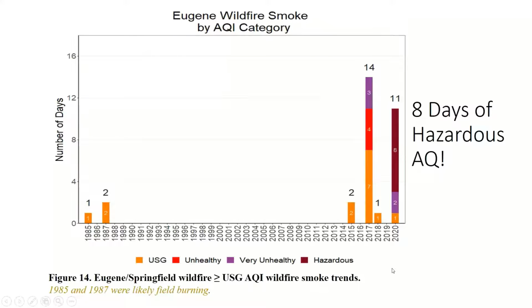We switch to Eugene, and I just made the note there that having 8 days of hazardous air quality, yeah, they had the most by a day, but they had pretty much 11 straight days of poor air quality. For most of us, we remember being in a little bit of a dream world.